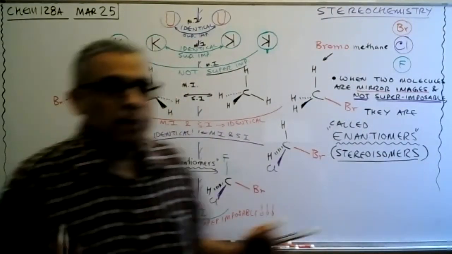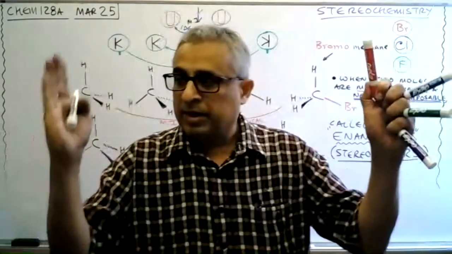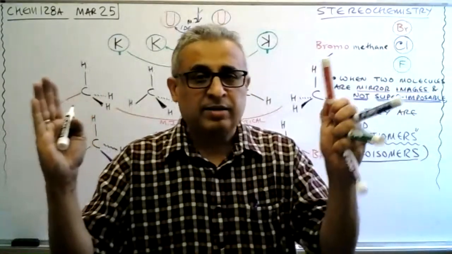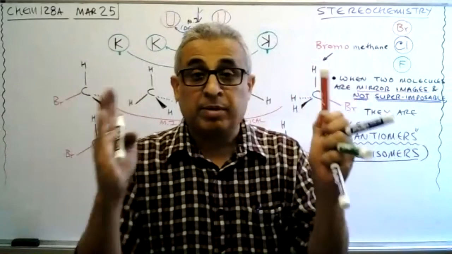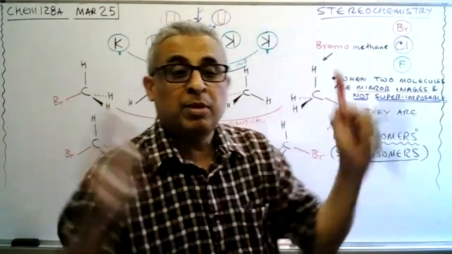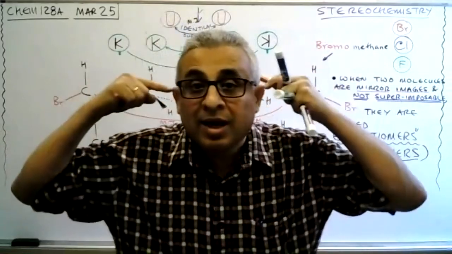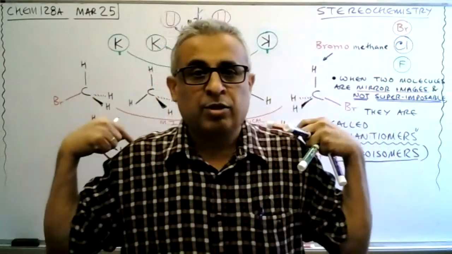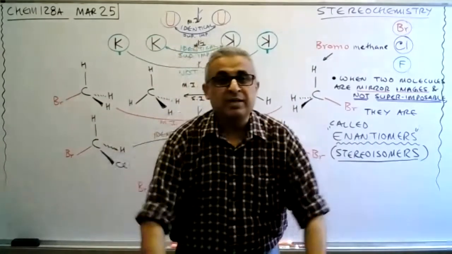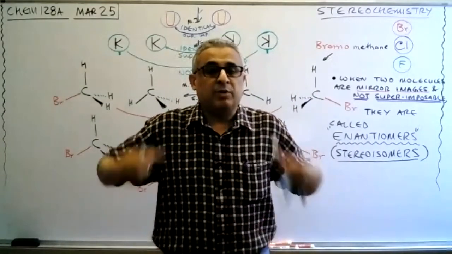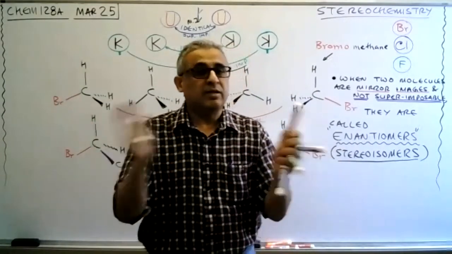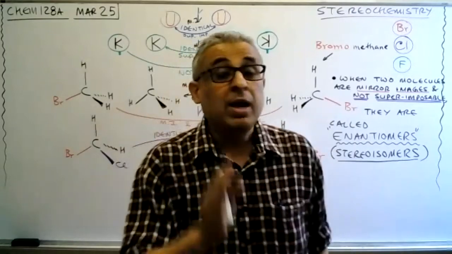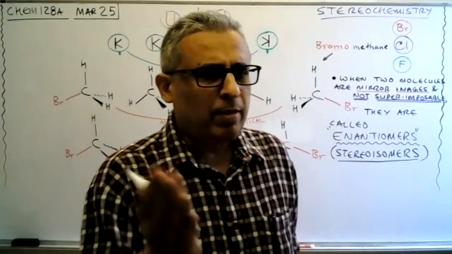Two objects, my left hand and my right hand, they're mirror images. The relationship is that they are mirror images. They're not superimposable. They are enantiomers. My toes, enantiomers. My knees, my kidneys, my lungs, enantiomers. That's the relationship. But they have to be perfect mirror images.